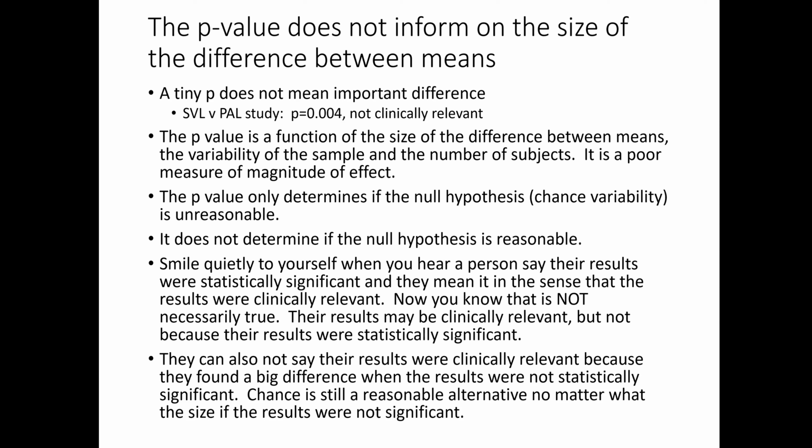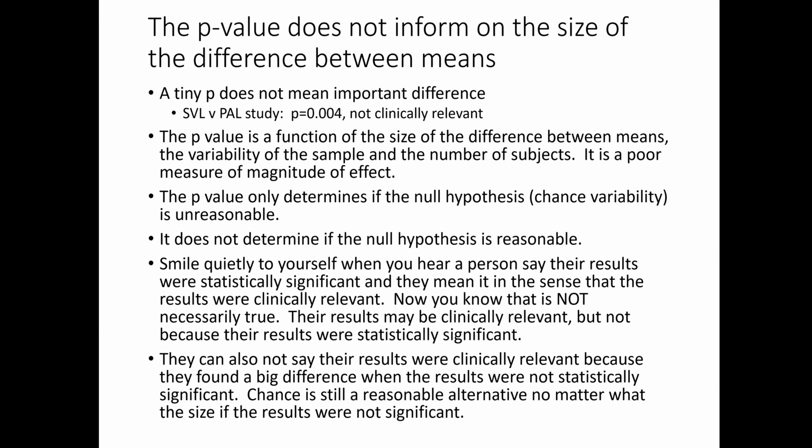They can also not say their results were clinically relevant because they found a big difference when the results were not statistically significant. And that happens when you don't have very many subjects. So they didn't have time, or they didn't want to take the effort to run very many subjects. They found this big difference and they say, hey, look at me, I found this big difference.